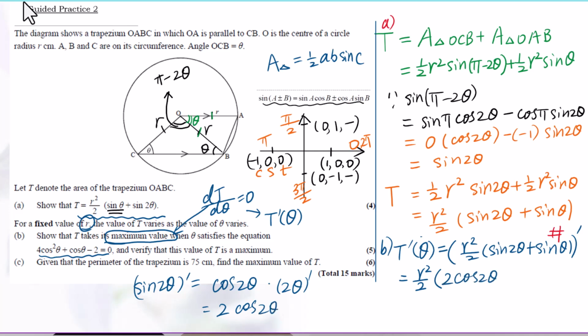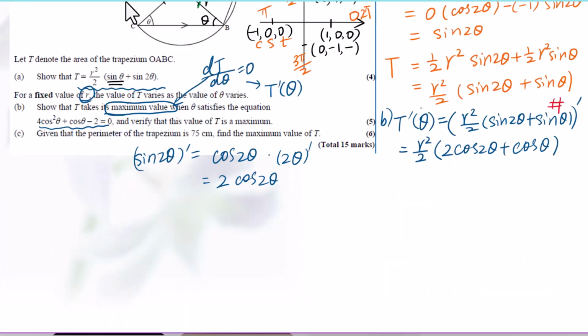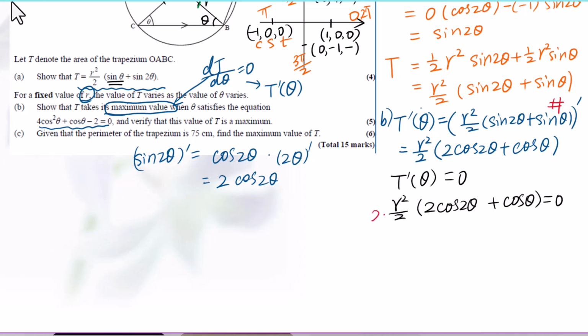The derivative of sine theta is cosine theta. We set T prime of theta equals 0, which means r squared over 2 times (2 cosine 2 theta plus cosine theta) equals 0. Multiply both sides by 2, then divide by r squared.